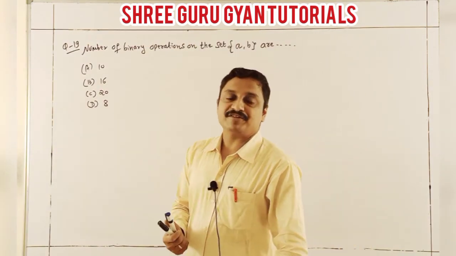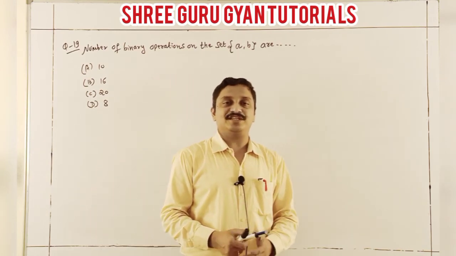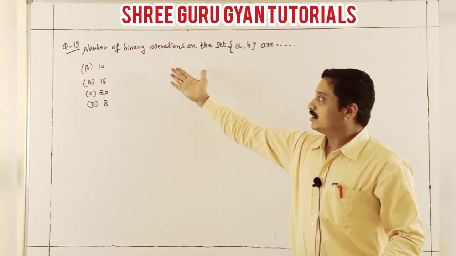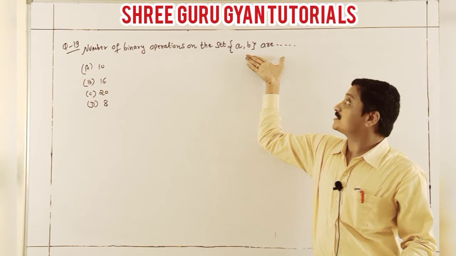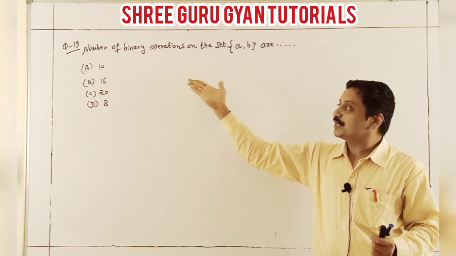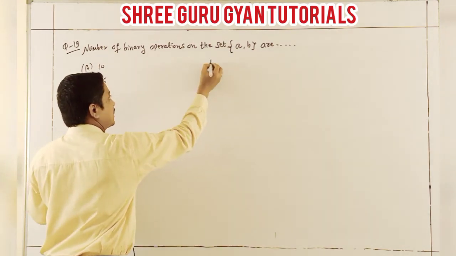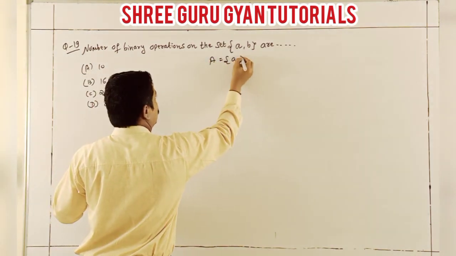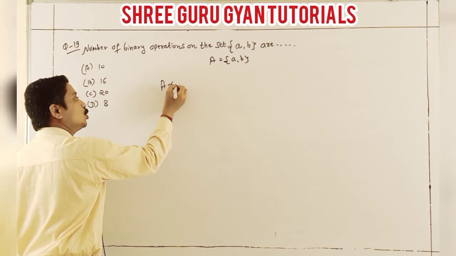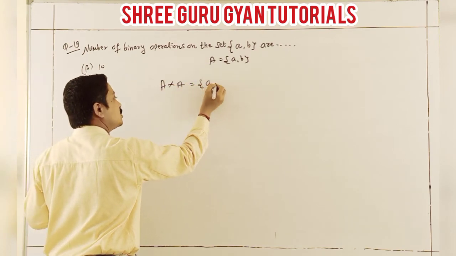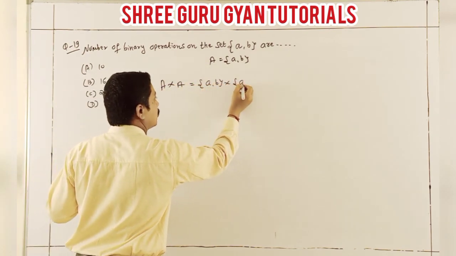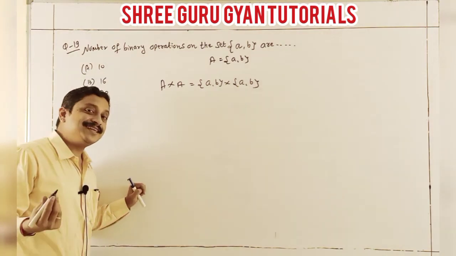Now students, after that I am going to the last MCQ for this chapter. It's very interesting. The number of binary operations is asked on A comma B, with options 10, 16, 28. So students, I just check here. It is set A, and you know that binary operations must be shown on A comma A. You just get the total number of elements. Easy. What is A comma A?